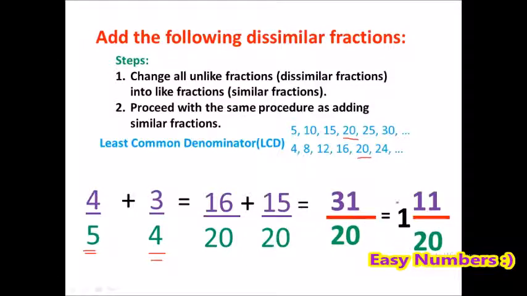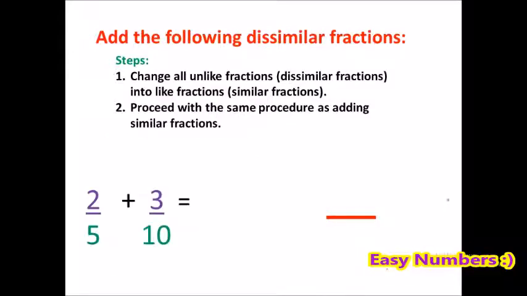That is 31 divided by 20. That is 1. 1 times 20 is 20. And then 31 minus 20 is 11. So this would be your whole number, and then numerator, and then denominator.